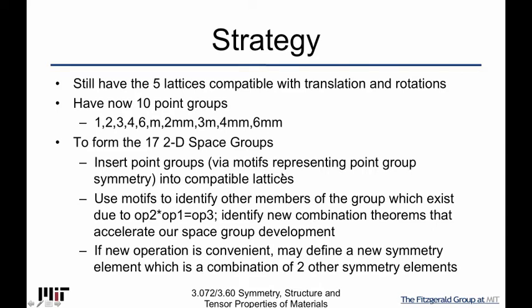So again, it's a little more detailed and complex, but basically we're sticking the motifs from these different point groups into the lattice, looking for any new operations and combination theorems, and sometimes defining couplets of operations only because that combined operation shows something in a pattern that's fairly easy to see.